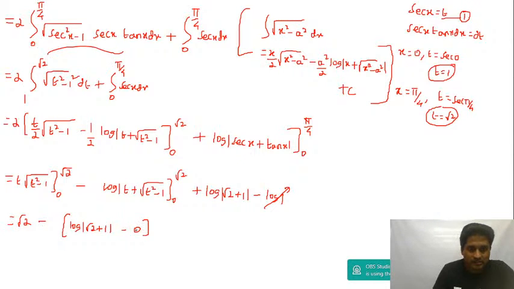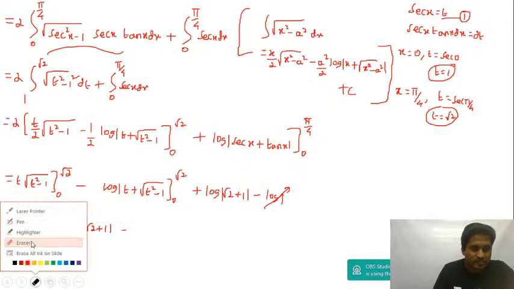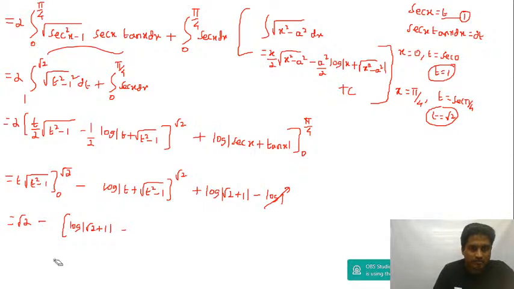Lower limit, if I substitute t as 0, you get log 1. Lower limit in place of t, it is actually 1. So if I substitute lower limit, this will be 1. You open the bracket, this will be 1, right?